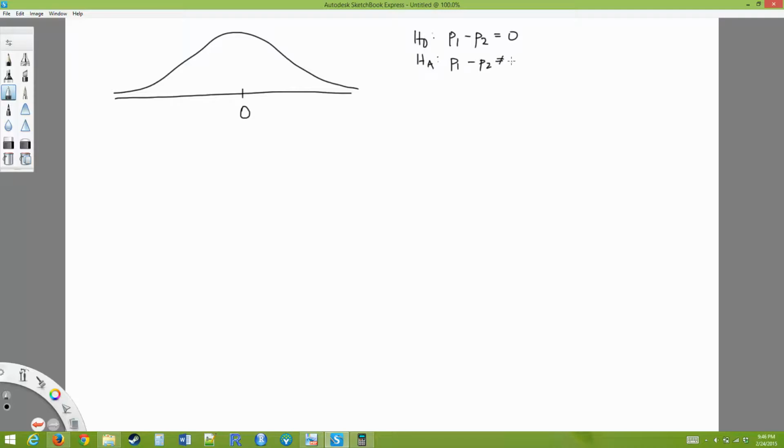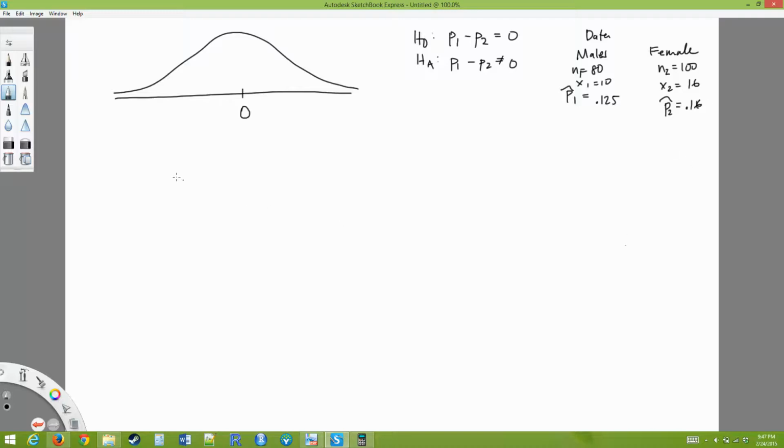In our data, we had n1 equal to 80 and n2 equal to 100, then x1 was equal to 10, p hat 1 was equal to 0.125, x2 was equal to 16, and p2 hat is equal to 0.16.